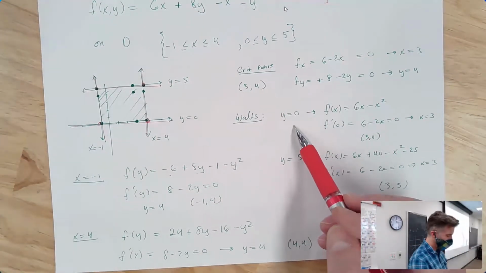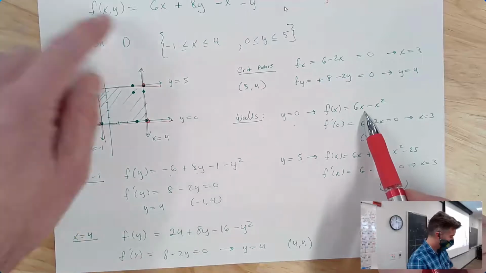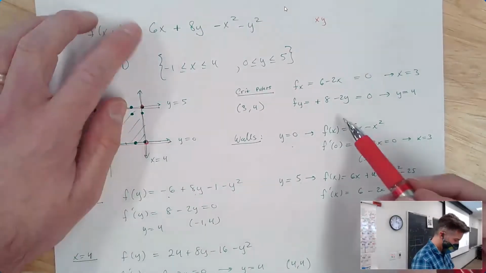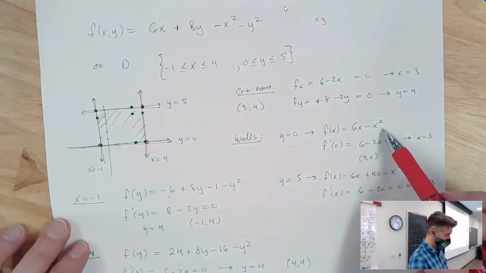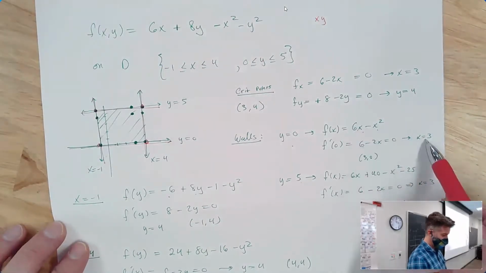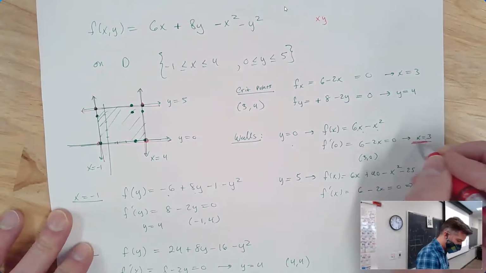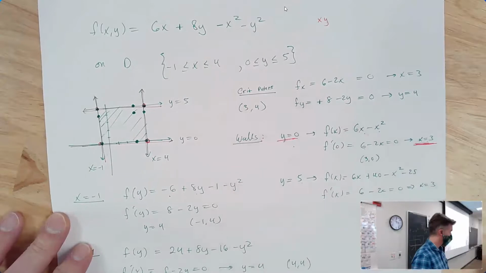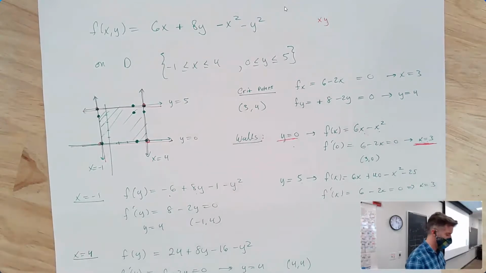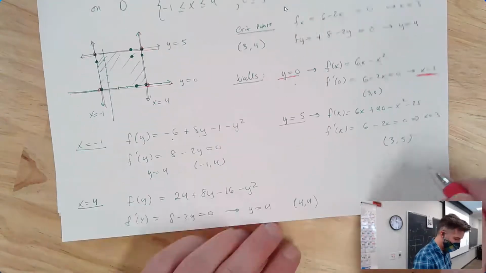So for y equals 0, I plugged in 0 for the y's, and I got 6x plus 0 minus x squared minus 0. And then I took the derivative of that, set it equal to 0. So I got x equal to 3. But I should stress, x equals 3 and y equals 0. And then I did the same thing for each of the walls. So I plugged in y equals 5, I got x equal to 3.